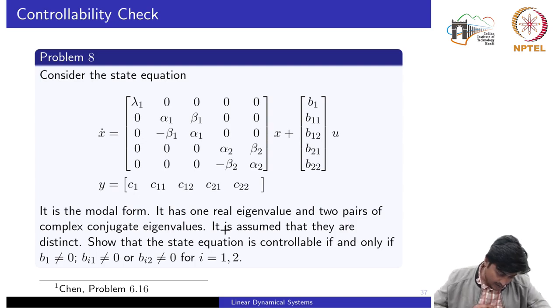So problem 8 deals with the controllability check. This is an important problem. In fact, this is also one of the important results, which speaks about specifying the controllability condition in terms of computing the Jordan form of the matrix.